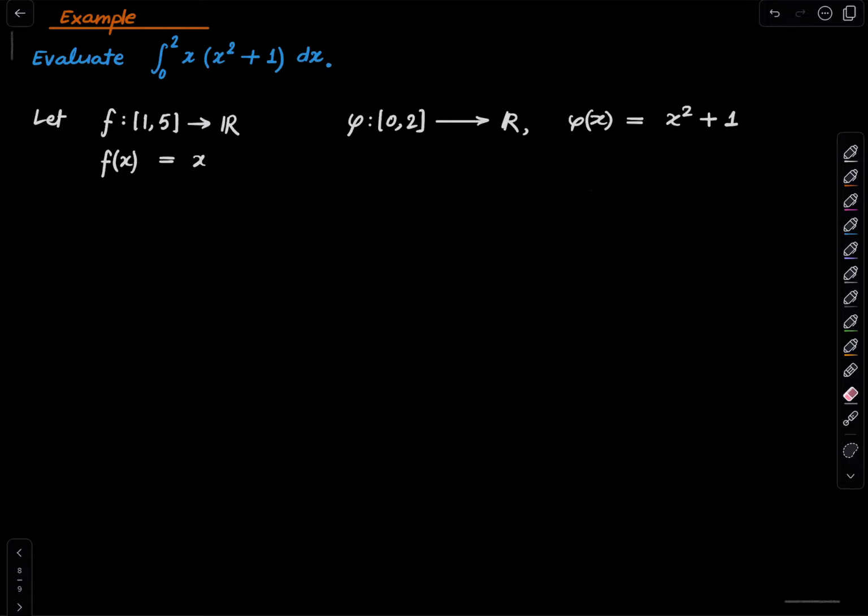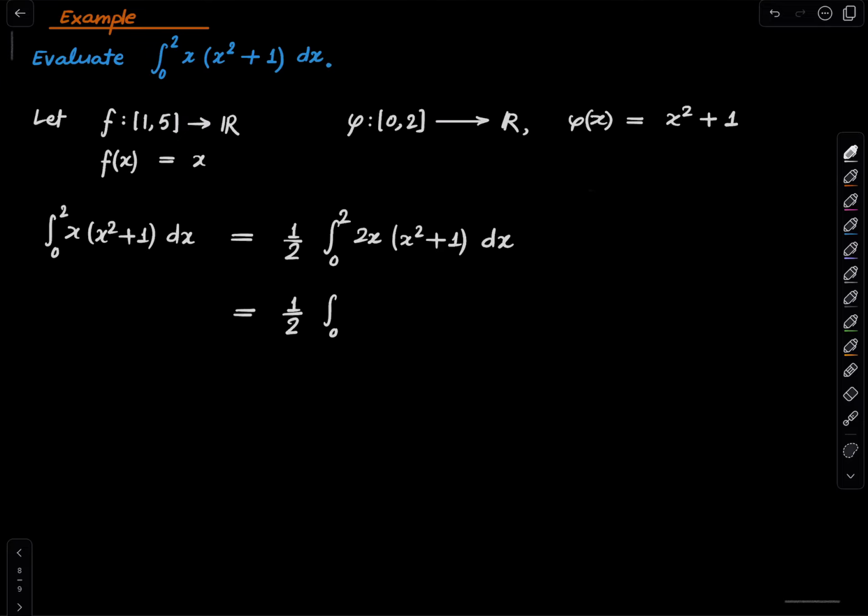But first we also observe, before we apply our change of variables formula, that this whole thing is nothing but half of the integral of 2x dx. Why has that come about? Because now 2x is the derivative of phi.